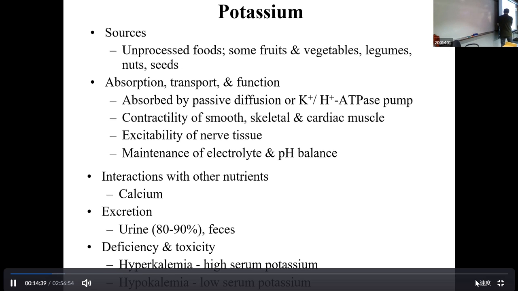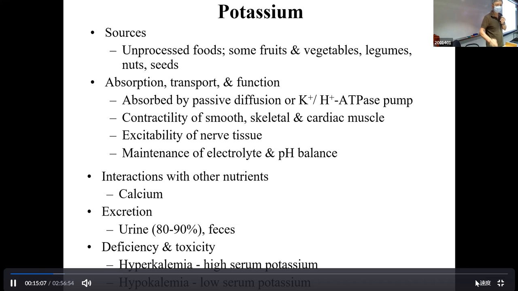Usually, 80 to 90% of the ingested sodium or potassium is excreted in the urine. And so, very often, urinary sodium or urinary potassium concentration is used as a marker to estimate how much sodium is being ingested, okay?